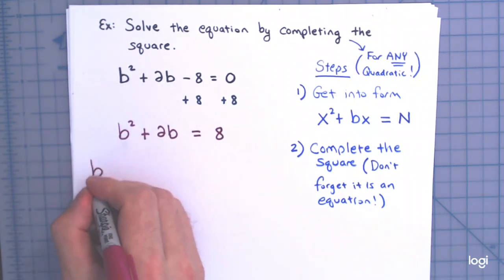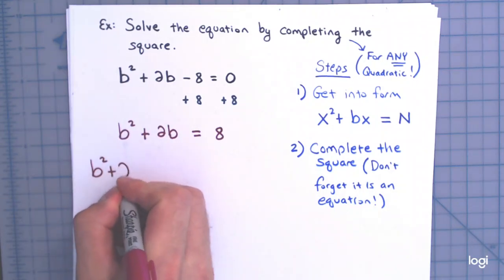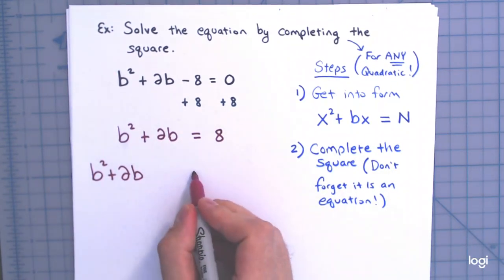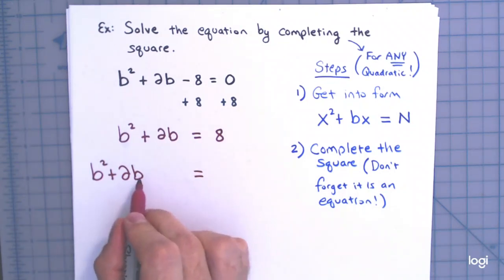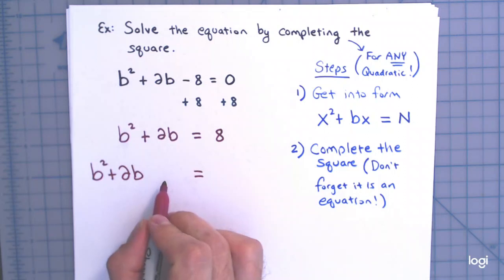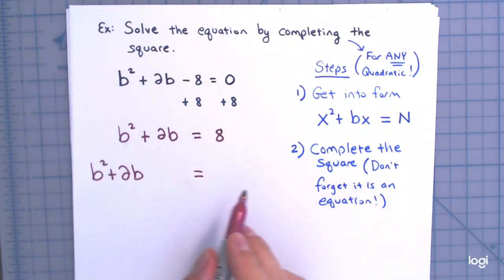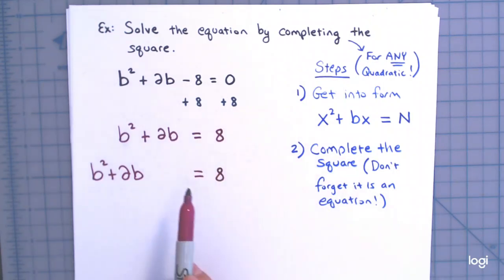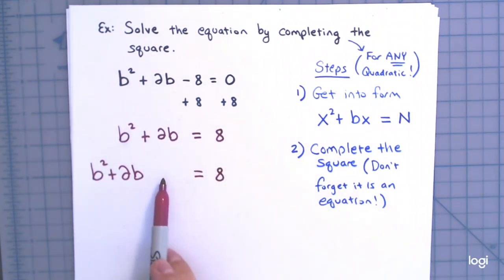So I have b squared plus 2b on the left here. When I complete the square, we're going to be adding a term to this so that I get a perfect square trinomial. But don't forget it's an equation. I have equals, and then on the other side there's an 8. So whatever I add to this side, don't forget to add it to the other side as well. It is an equation. You must keep it balanced.